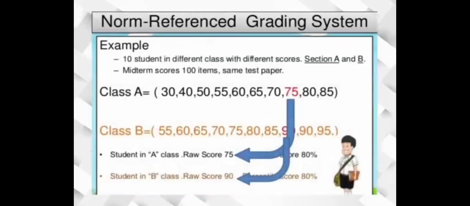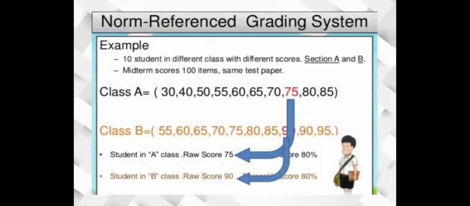Here is another example. Ten students in different classes with different scores, Section A and Section B, midterm scores, 100 items, same test paper. Here is the data set for Class A and Class B. A student in Class A has a raw score of 75.